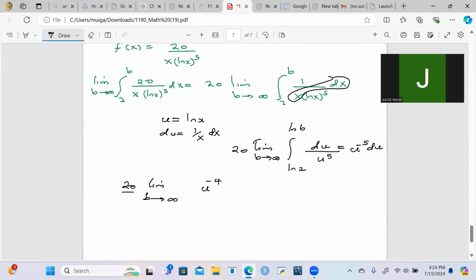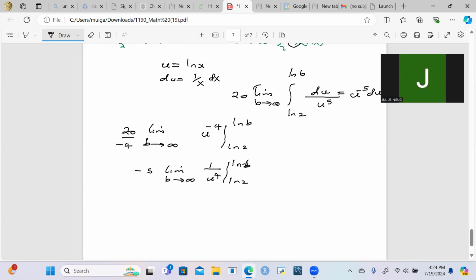So I can factor out minus 4, and then I'm evaluating from ln of 2 to ln of b. This is minus 5 outside of the limit. Limit as b approaches infinity, 1 over u to the power of 4, evaluated between ln of 2 and ln of b.